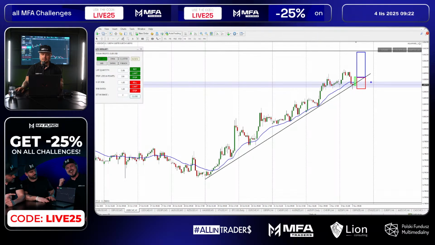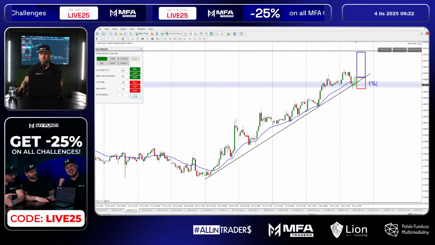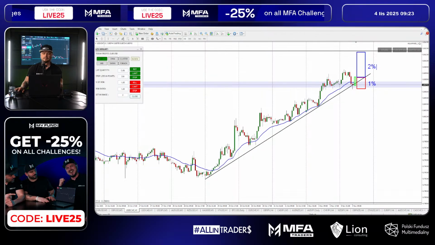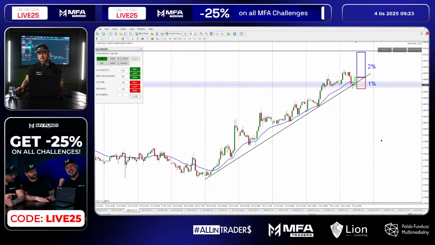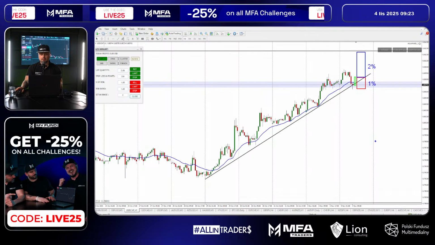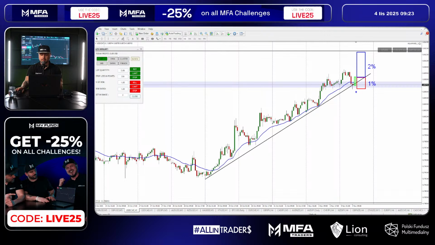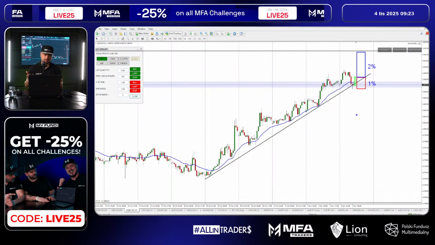Okay, so my risk will be 1% and take profit will be 2%. So we just need to wait for another candle to close. So another 40 minutes, if it's gonna be bullish and if it's gonna close above the exponential moving average, let's go.